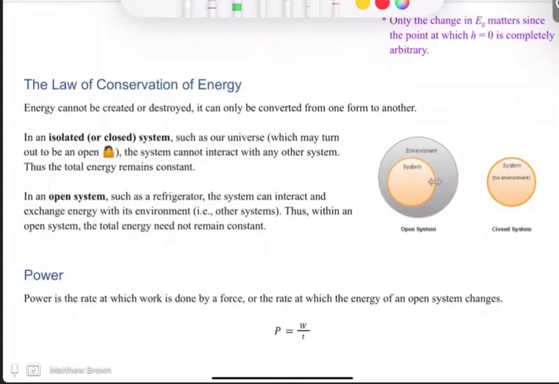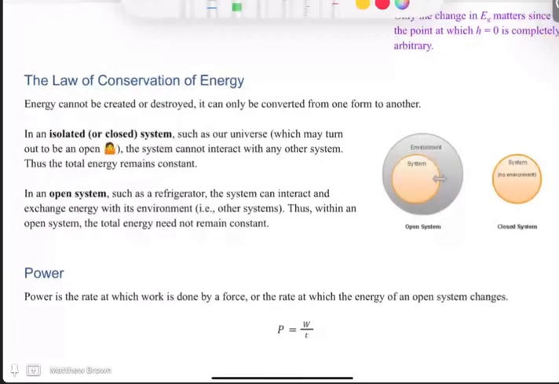That brings us now to the law, so you know it's important, of conservation of energy. This just says that energy cannot be created or destroyed. It can only be converted from one form to another. A really interesting thing is that we get this quantity, if you will. We define the unit as joules, like the force times some distance, or more generally a kilogram meter squared per second squared.